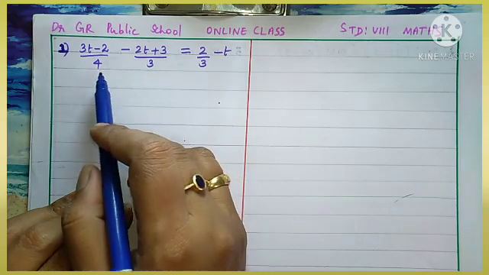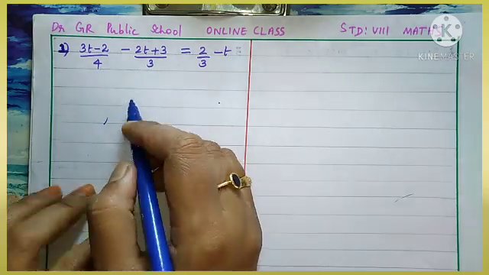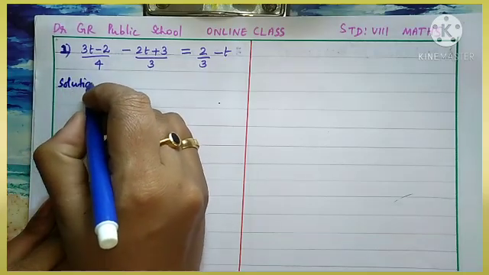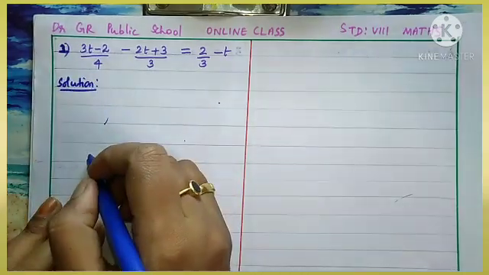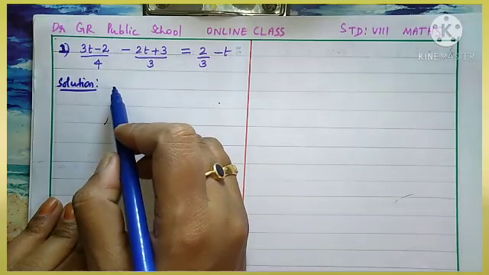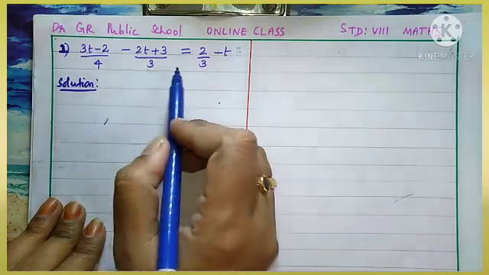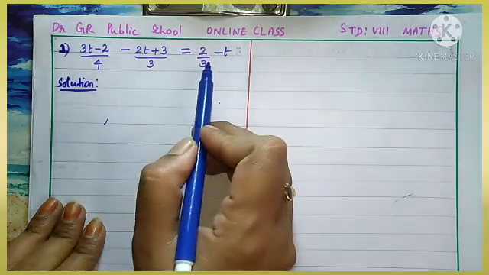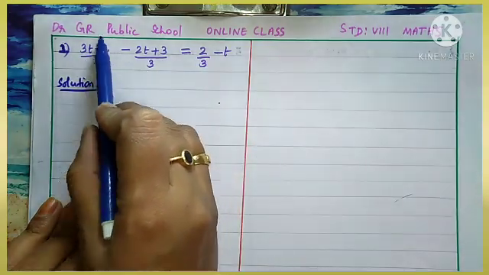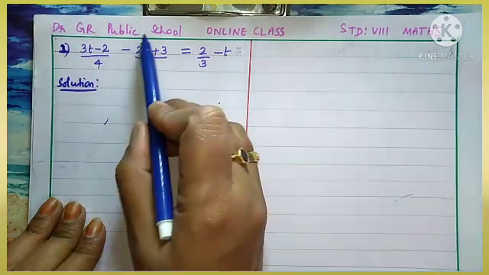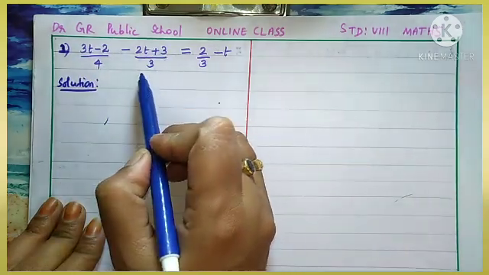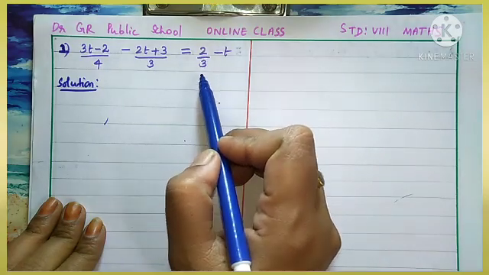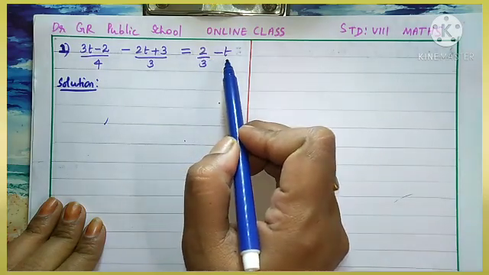Okay, so we can start the problem. After learning this method you will feel very easy. Okay, so solution. First, what I said, you want to understand the LCM of these denominators. So you see here in this equation, this is the first term, this is the second term, 2t plus 3 by 3, and RHS is having two terms, 2 by 3 and minus t.